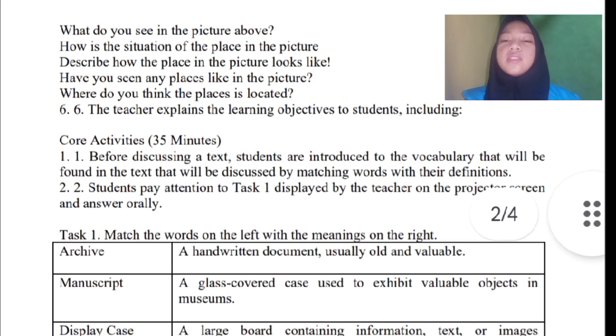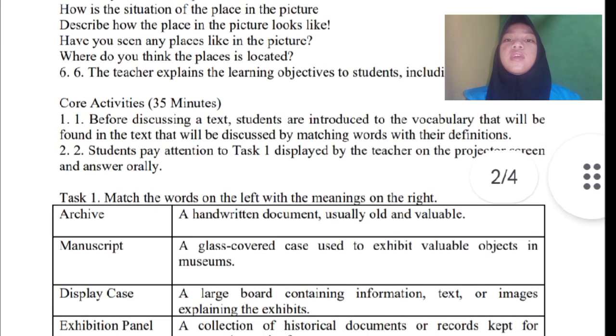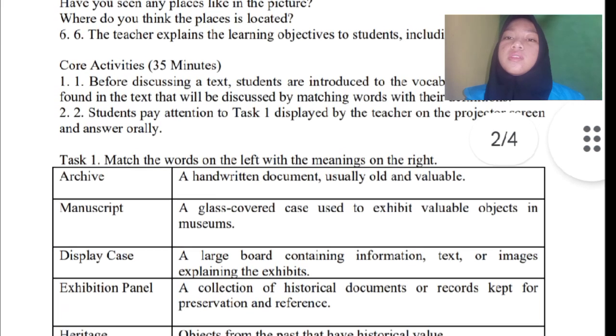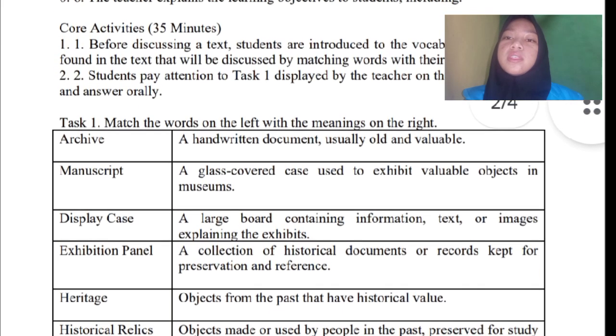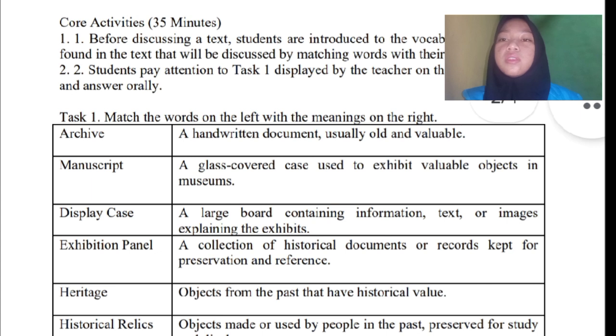Core activities, 30 minutes. First, before discussing a text, students are introduced to the vocabulary that will be found in the text by matching words with their definitions.